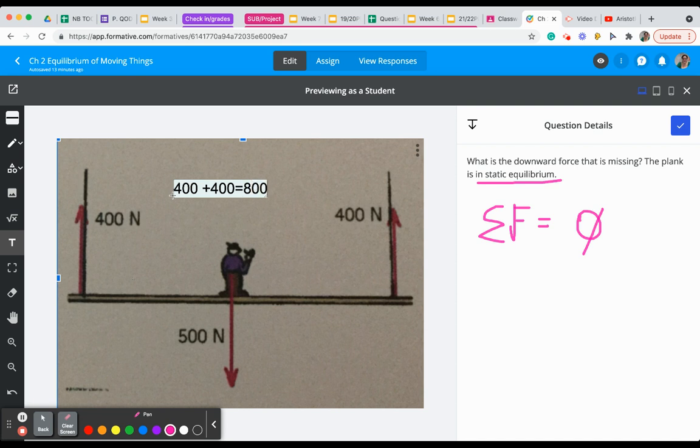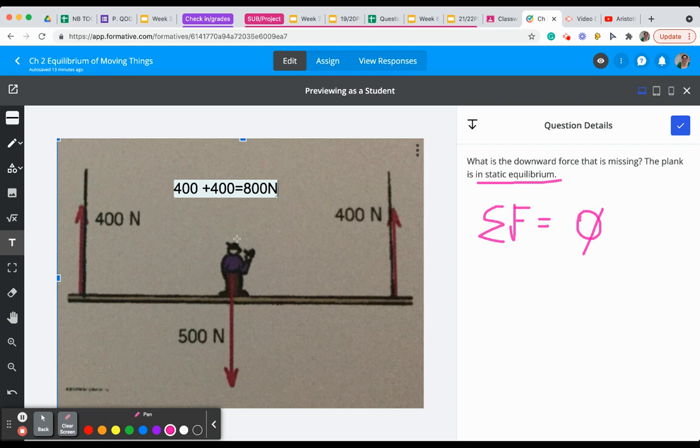So upward, we have 800 newtons. Now, we know that our net force is supposed to be 0 because we're in equilibrium, or static equilibrium. So that means that downward, we should also have 800 newtons. Otherwise, we would not have a balanced force here. We would not have equilibrium.